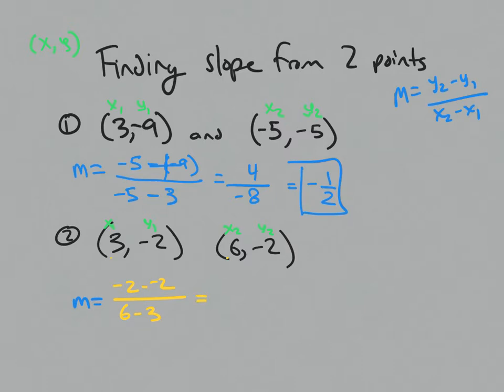On the top, that's negative 2 plus 2 over 3, which is 0 over 3. And if you have 0 on top, the answer is just 0. 0 divided by anything is just 0. Okay, so that's the slope from 2 points. If I give you 2 points, you can calculate the slope.